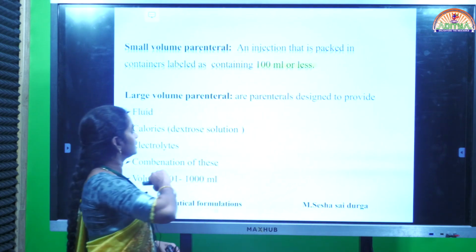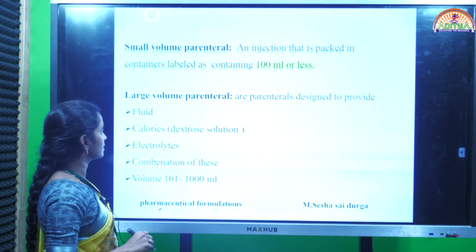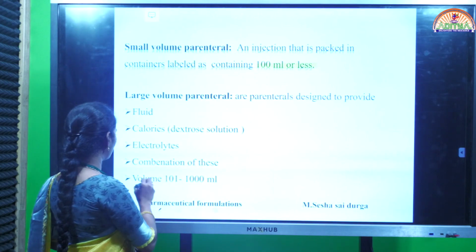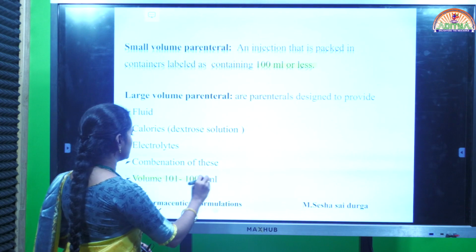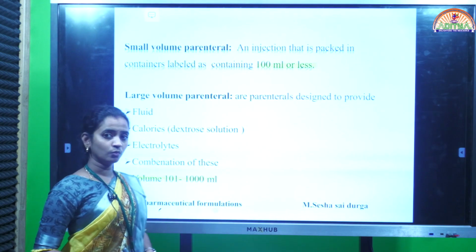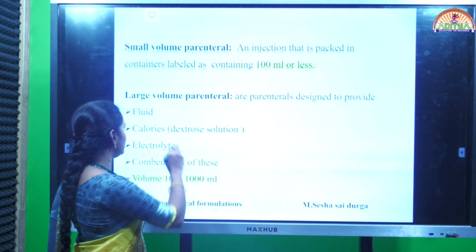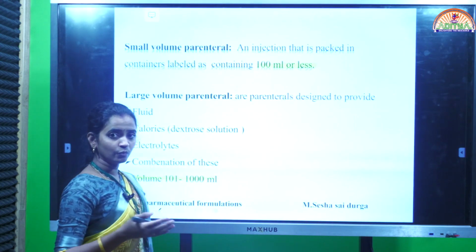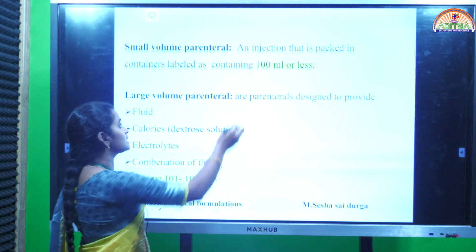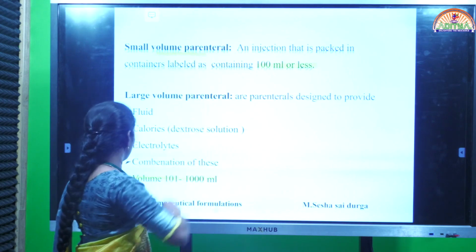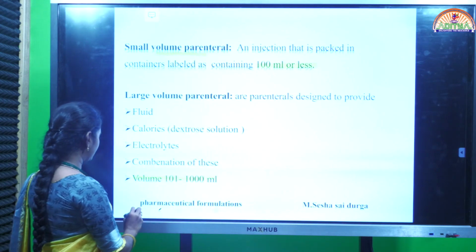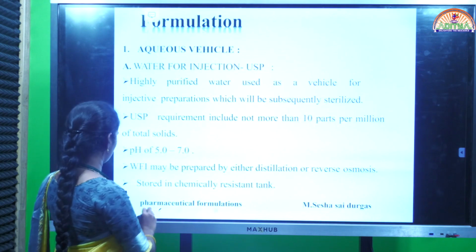And next, large volume parenterals. Here, the volume of the product is between 101 to 1000 ml. So more than 100 ml comes under the large volume parenterals, and within 100 ml it comes under the small volume parenterals. And some differences are there.